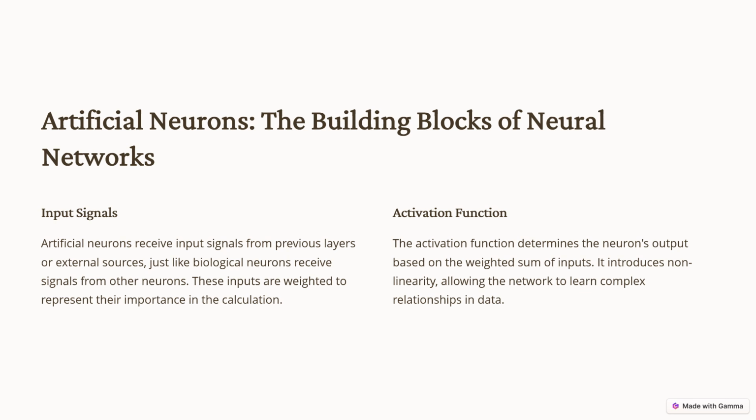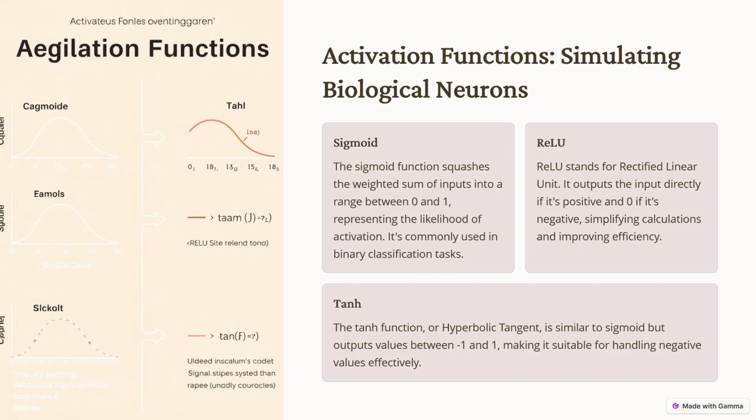The activation function determines the neuron's output based on the weighted sum present on the neuron, and it allows the network to learn various complex relationships and patterns present in the underlying data, a huge amount of data.